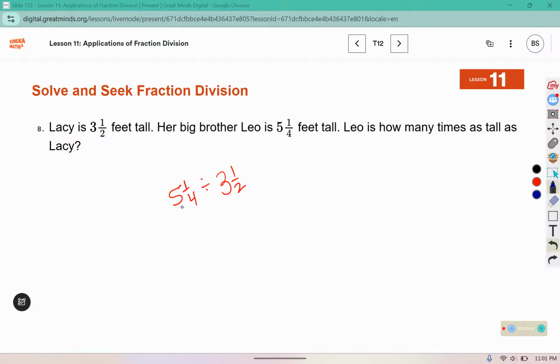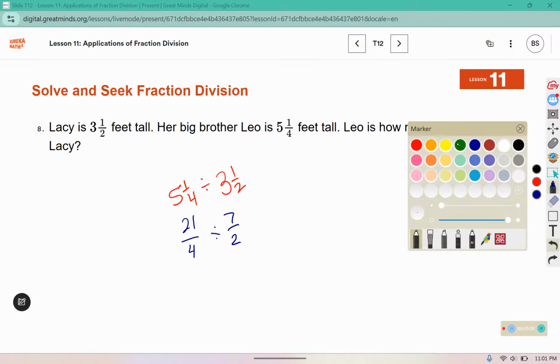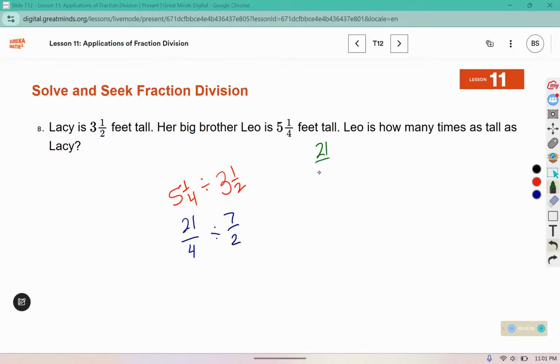5 times 4 is 20, plus 1 more is 21. 3 times 2 is 6, plus 1 more is 7. Leave, change, change. 21 and 7 are both multiples of 7. 2 and 4 are both multiples of 2. 3 times 1 is 3. 2 times 1 is 2.